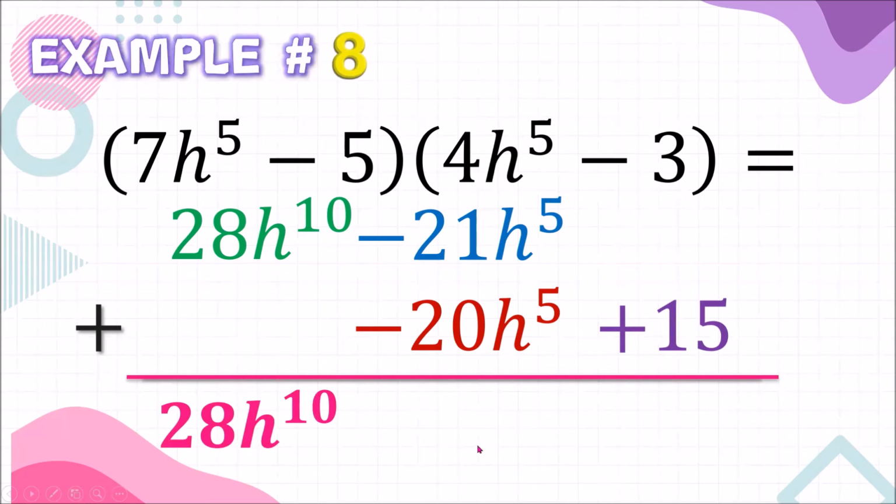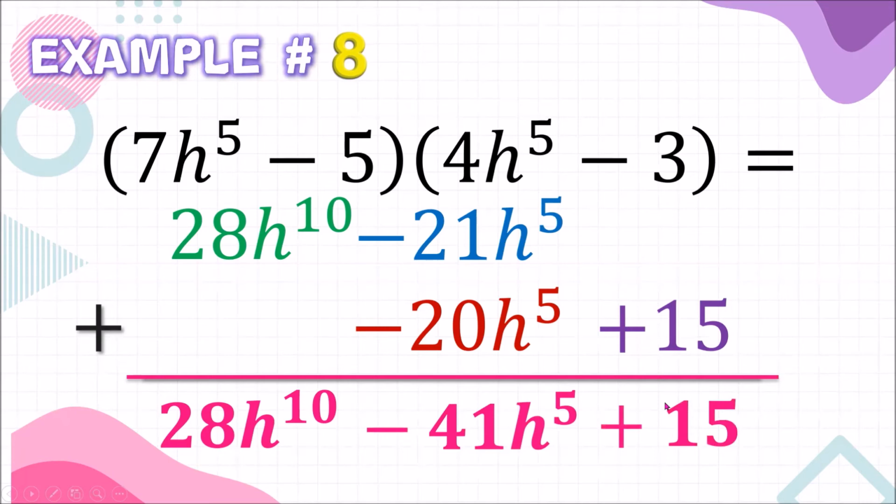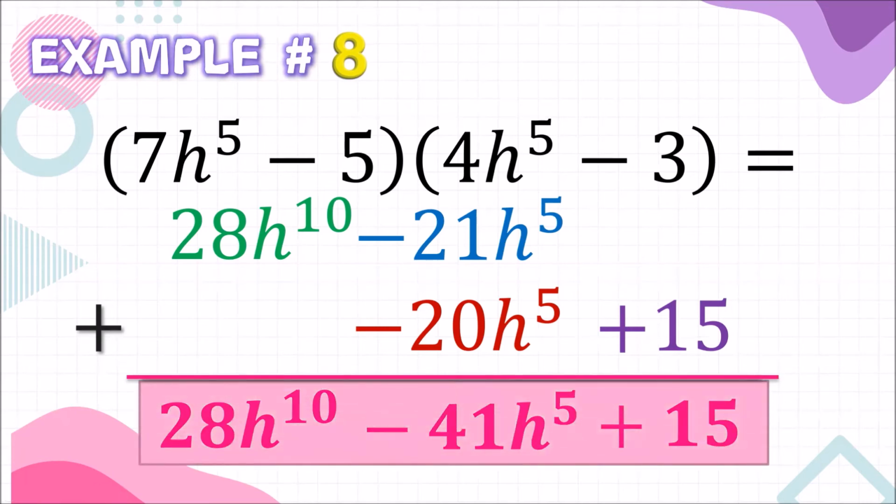So they have the same sign. So just add and then copy the same sign. We have negative 41h to the 5th. And then bring down plus 15. So final answer, 28h to the 10th minus 41h to the 5th plus 15.